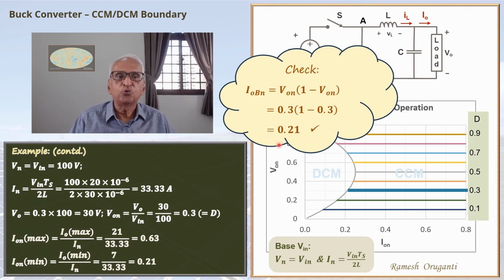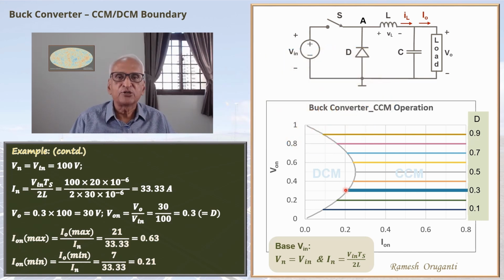That is 0.21, which is the same as this. So the minimum normalized load current is the same as the normalized boundary current. So that is this point here, 0.21. So which is as we designed. So everything is all right. ION max 0.63 marked here. ION minimum 0.21 marked here. That is right on the boundary.